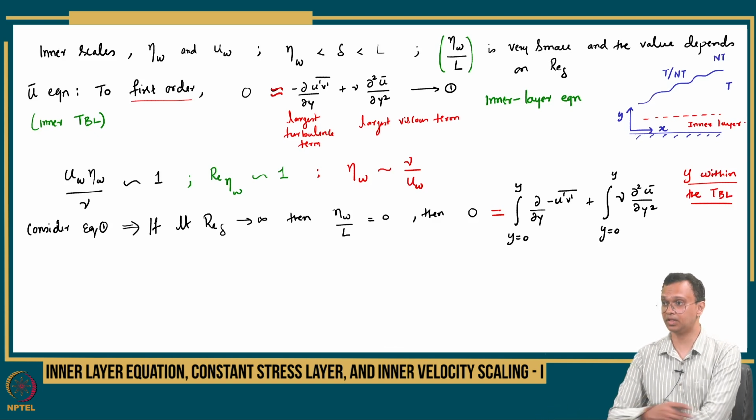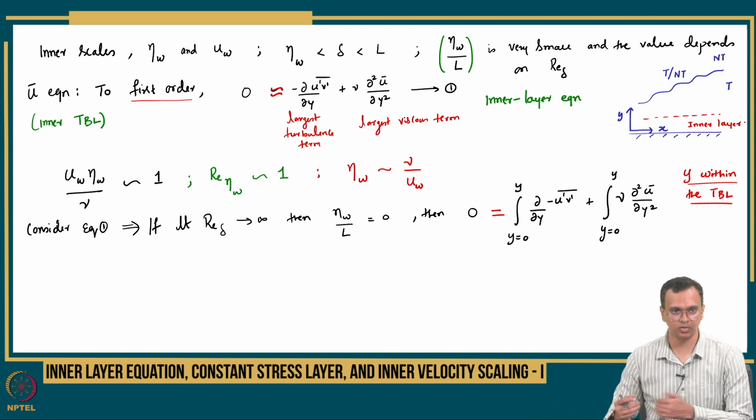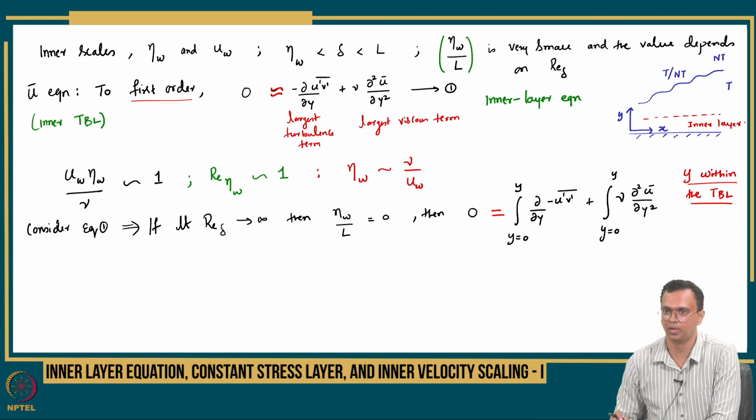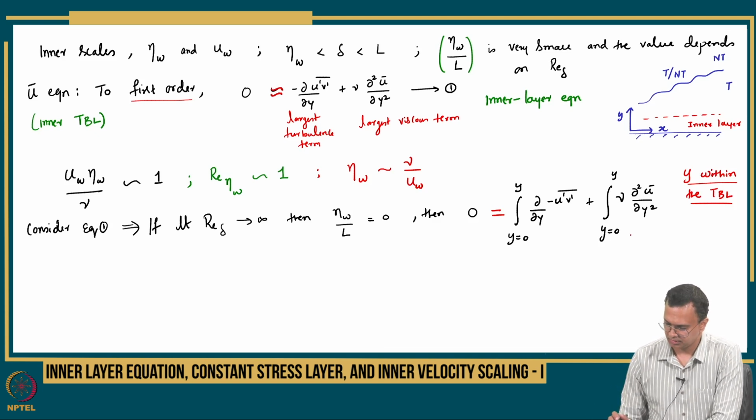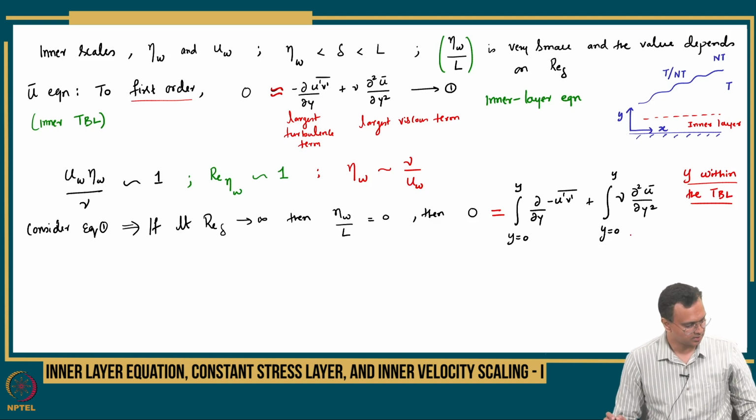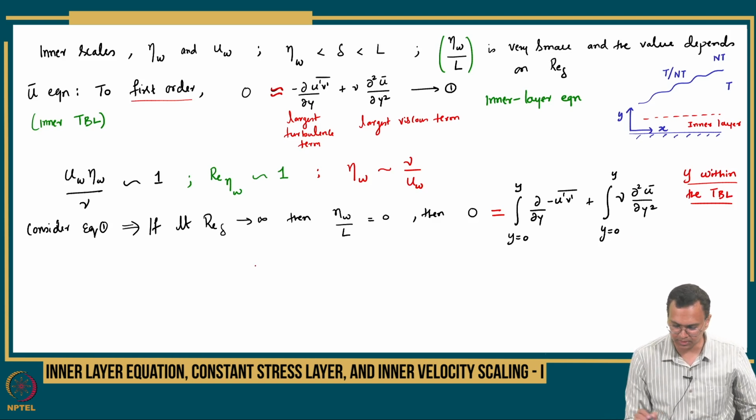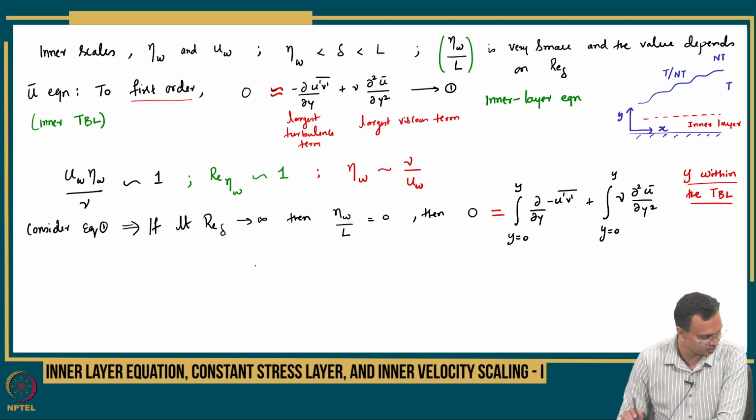The inner layer equations are valid in the inner layer. They are obviously not valid outside, because the inertial term becomes important and the viscous term becomes 0 above. So you should know that this is only a theoretical consideration, that is, in the limit Re delta tending to infinity, this happens.